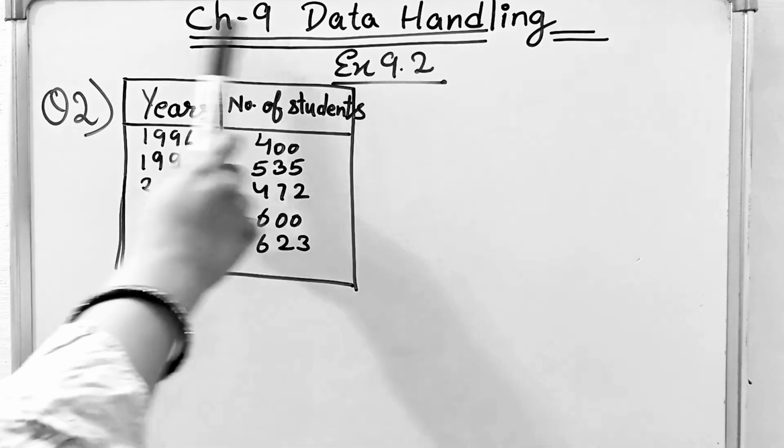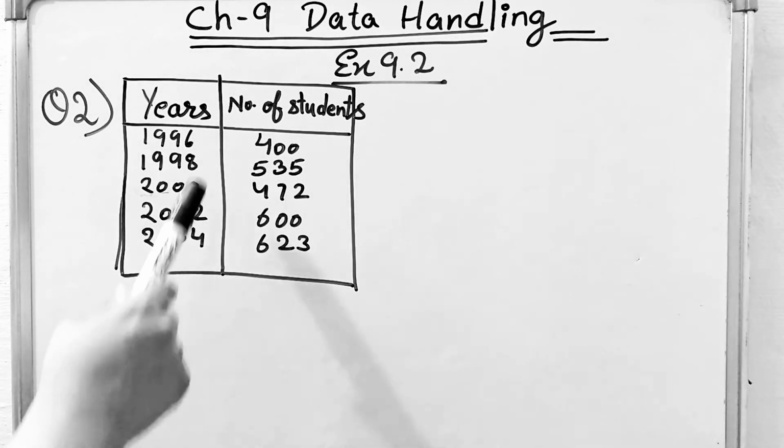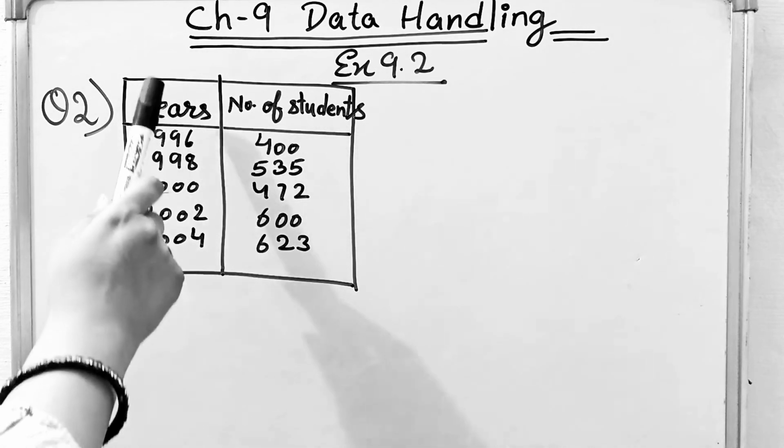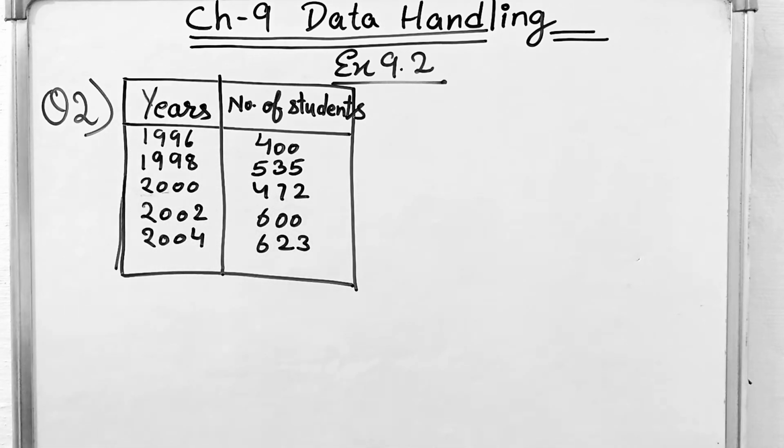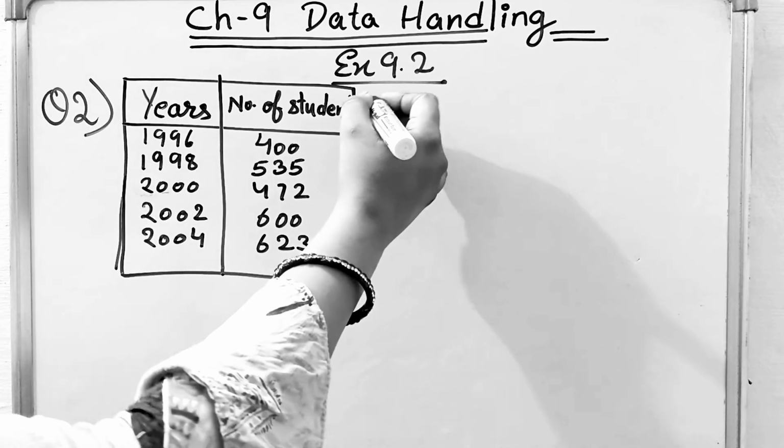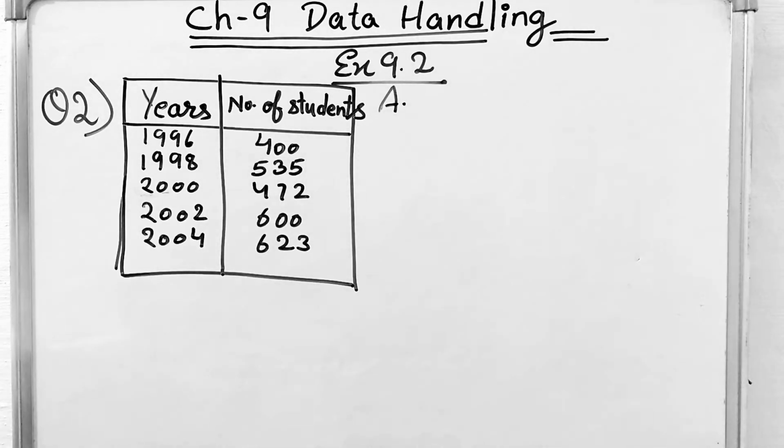There is one table given which is showing you number of students in different years. For the first part, they are asking you to prepare a pictograph of students using one symbol to represent 100 students and answer the following questions.